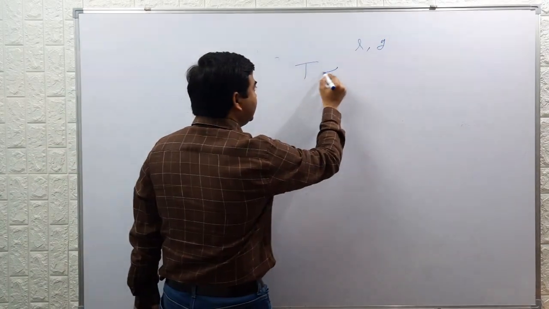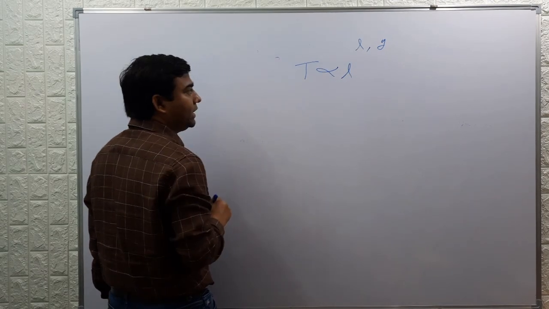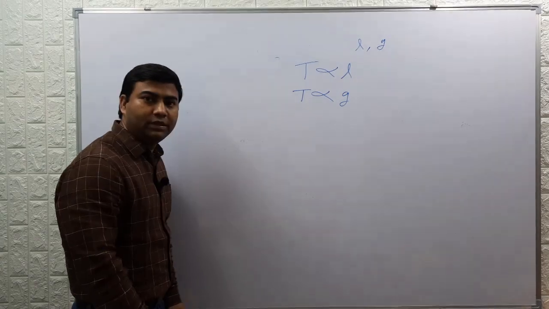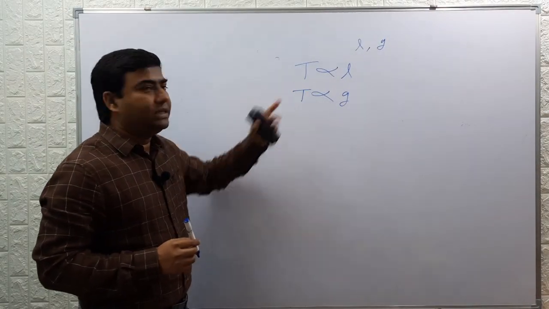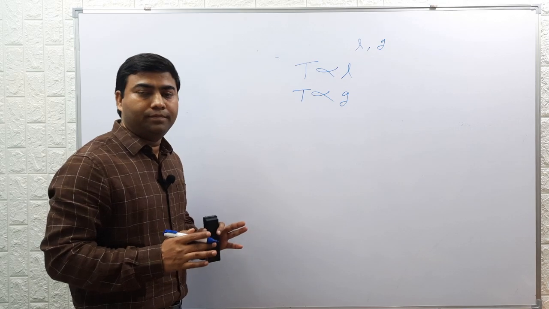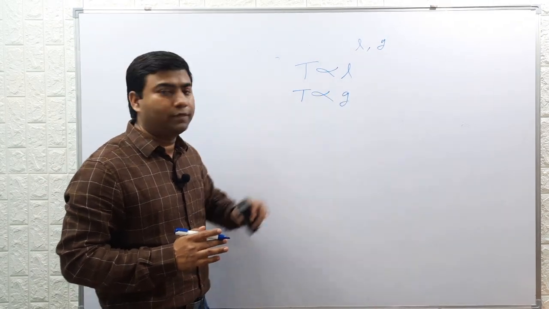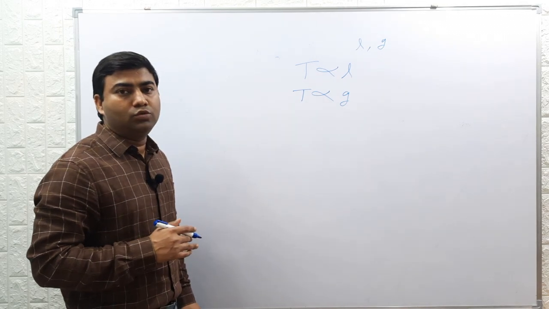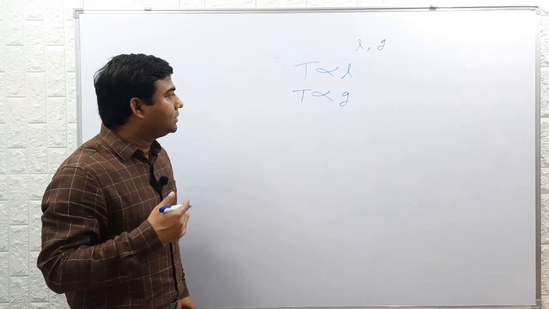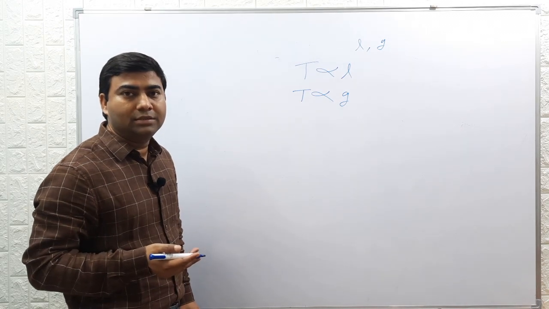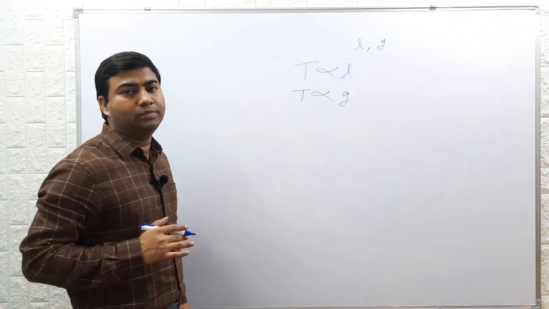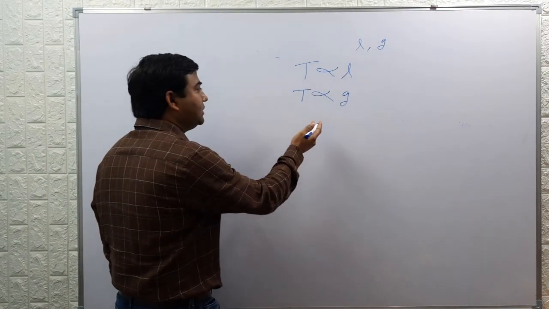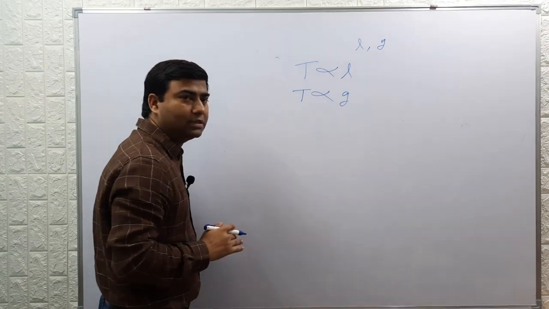So we can say T is proportional to length of pendulum and T is proportional to acceleration due to gravity. So we can use dimensional analysis to derive the equation between time period and these two variables.